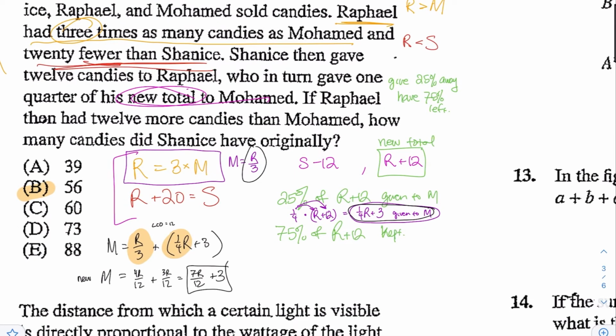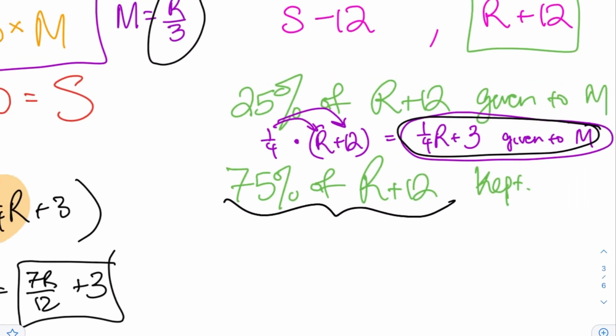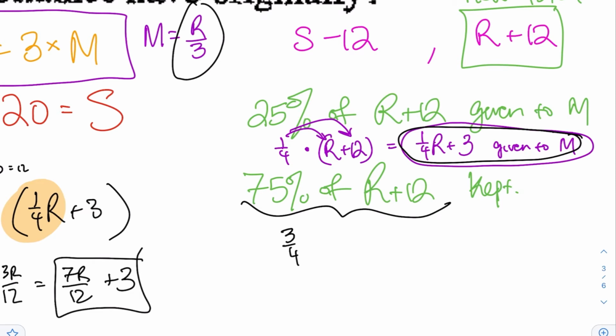Now once you have that, Raphael then had 12 more candies than Muhammad. So this is the new candies that Muhammad had. Raphael only had 75% kept. So you do the same thing here. 75% is 3/4. Of means multiply.